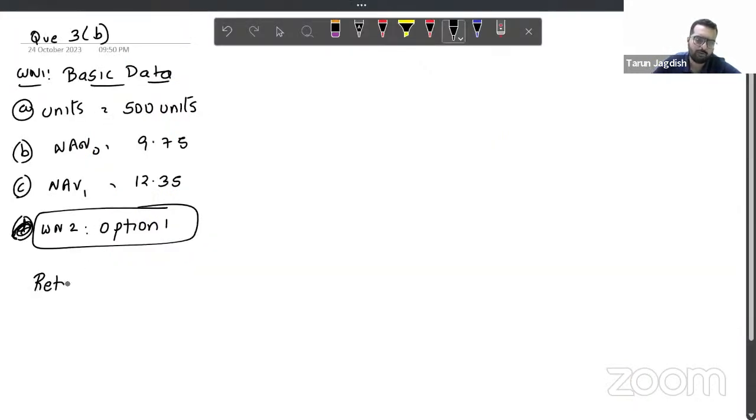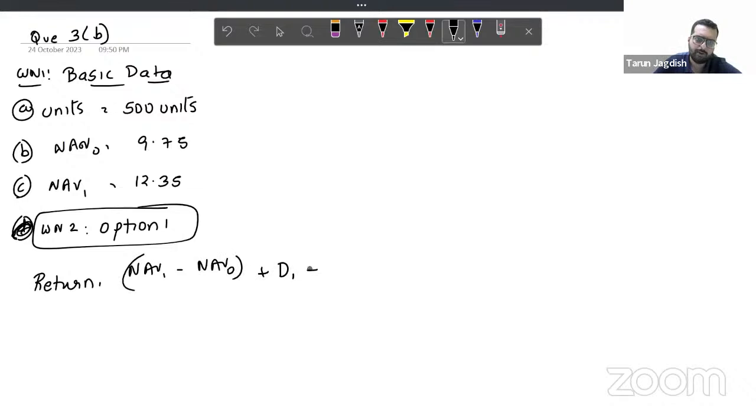What is the formula for actual return of a mutual fund? NAV1 minus NAV0 plus D1 plus CG1, divided by NAV0.